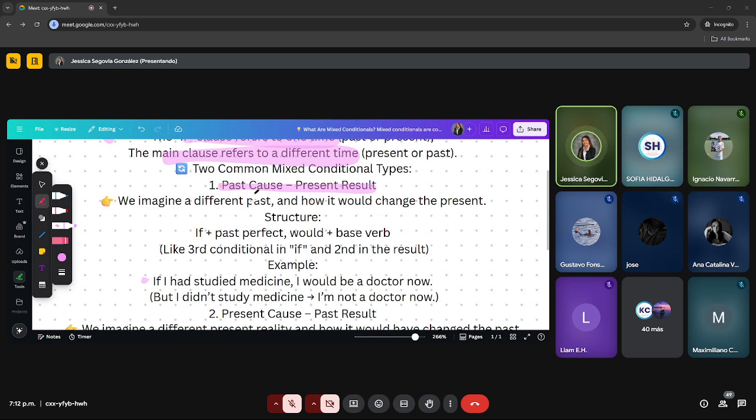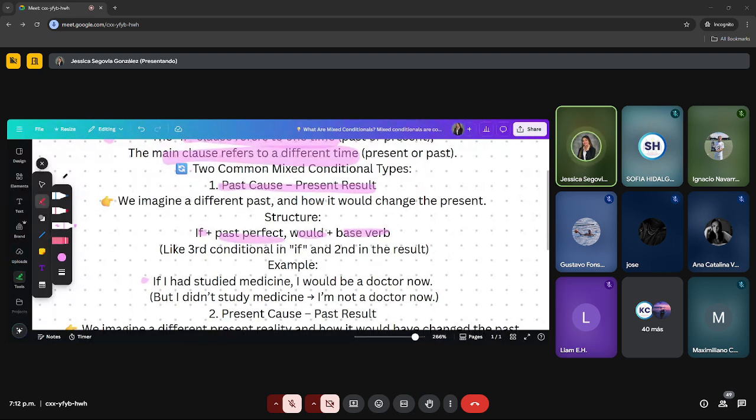If we are talking about a past cause or situation with a present result, the structure is as follows. If plus past perfect plus would plus the base verb. Now, if you guys remember the structure for past perfect, the main characteristic is that this structure has the word had.